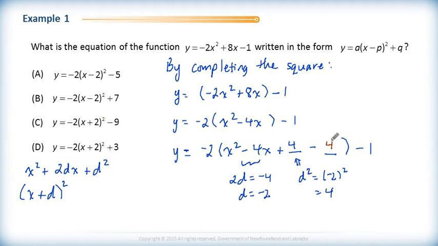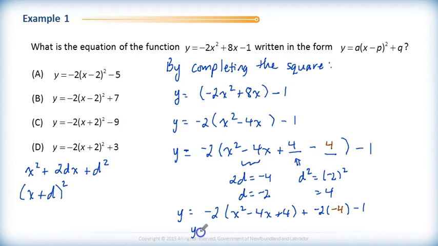Now before I can move that minus 4 outside the brackets, I have to multiply it by negative 2. So I've got y equals negative 2 outside of x squared minus 4x plus 4, and we have plus negative 2 times negative 4. So I've written that out here and subtract our 1.